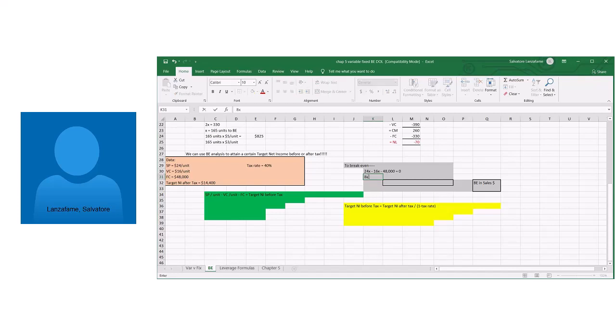So add 48,000 to both sides. So subtract 48,000 from the left, add it to the right. So now we're looking at 8x equals 48,000. Let's do that math. 48,000 divided by 8. That'll give us 6,000 units to break even.